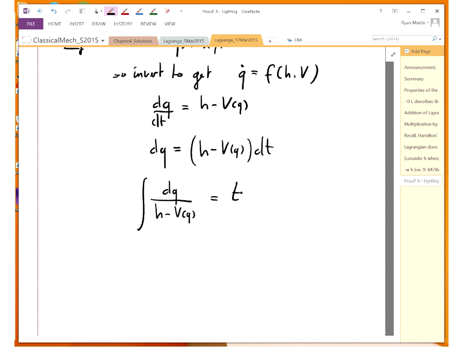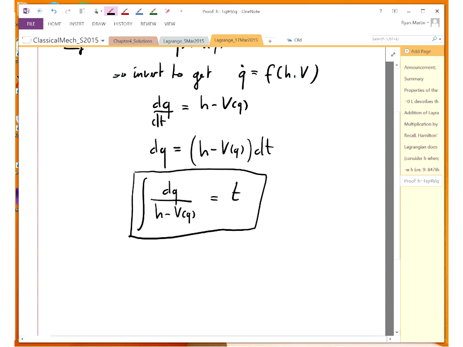I guess on the notes I should have an integral for that as well. Alright, that's an integral that you can solve. Technically, this gives you t as a function of q, and then you'd have to invert that to get q as a function of t. Right? But that's a problem for mathematicians. Here it's clear that we can write it as an integral, and as physicists we're satisfied.